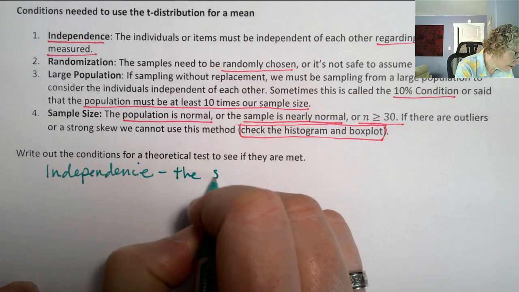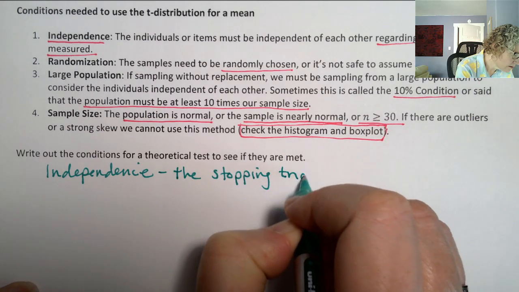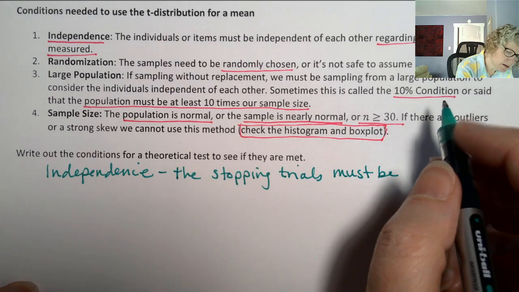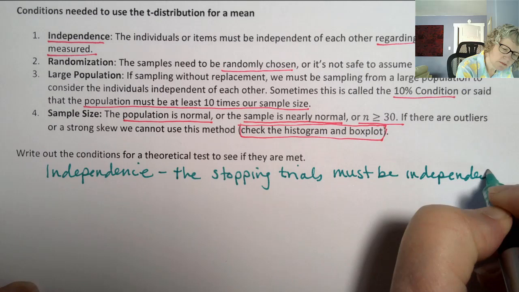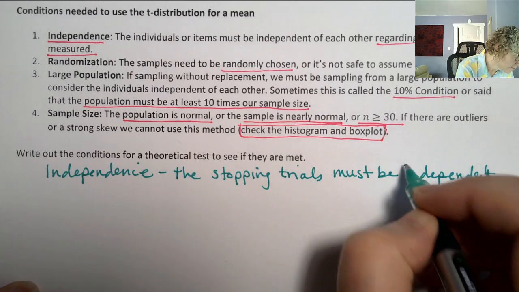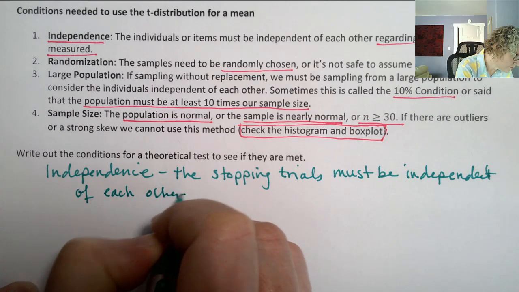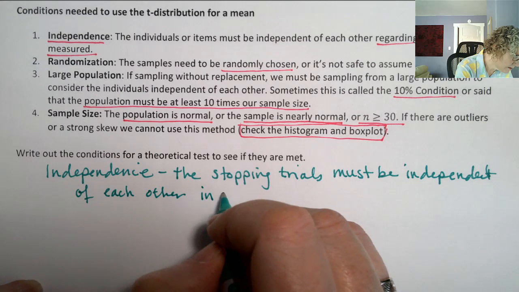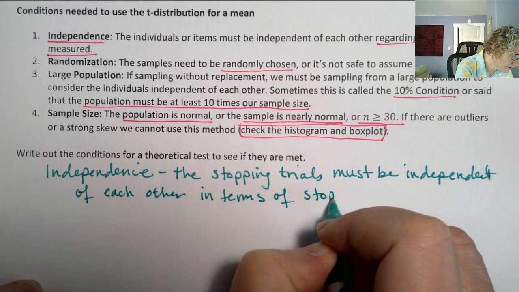The stopping trials must be independent of each other in terms of the variable we're doing, so in terms of stopping distance.